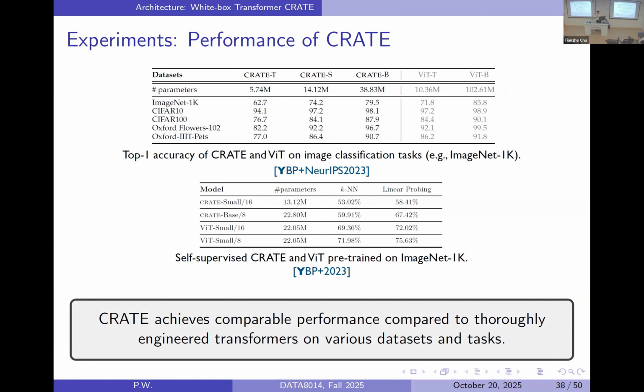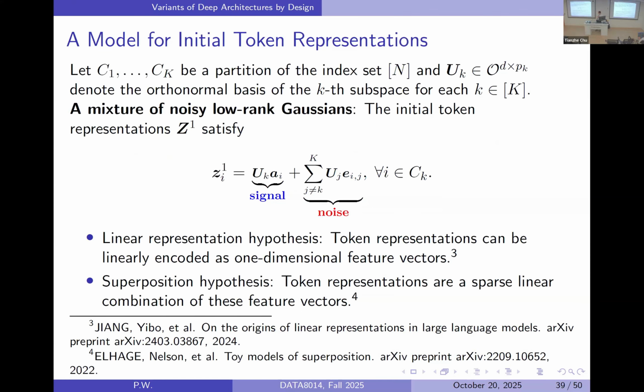We go to some variants of deep architectures designed according to our principles. So far we have provided some compelling evidence that the role of deep neural networks is to realize optimization algorithms for minimizing the coding rate reduction.